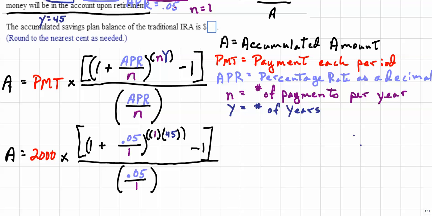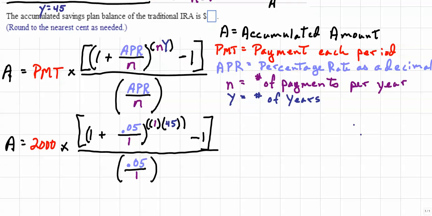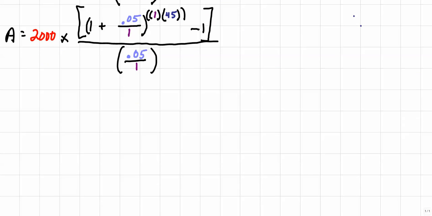Now the hard part really is putting this into the calculator so that we get the correct value. A lot of times students will input this incorrectly into a calculator, or they're using a calculator that does not adhere to the strictest sense of the order of operations, depending upon when the calculator was initially manufactured, as far as when it first appeared on the market.